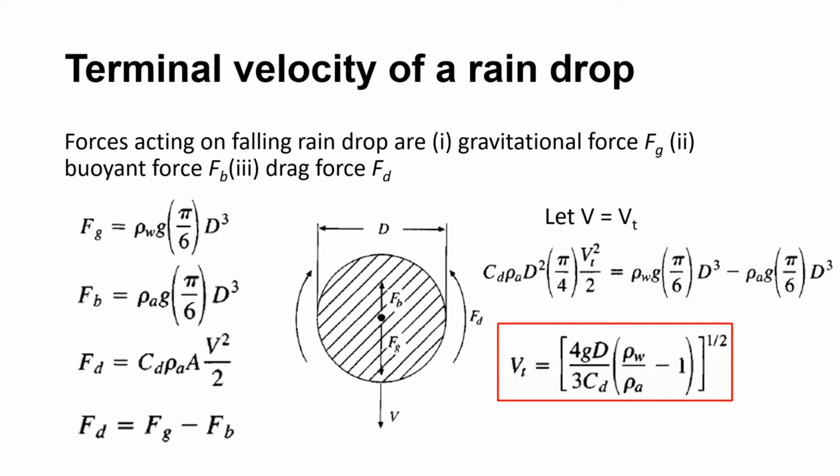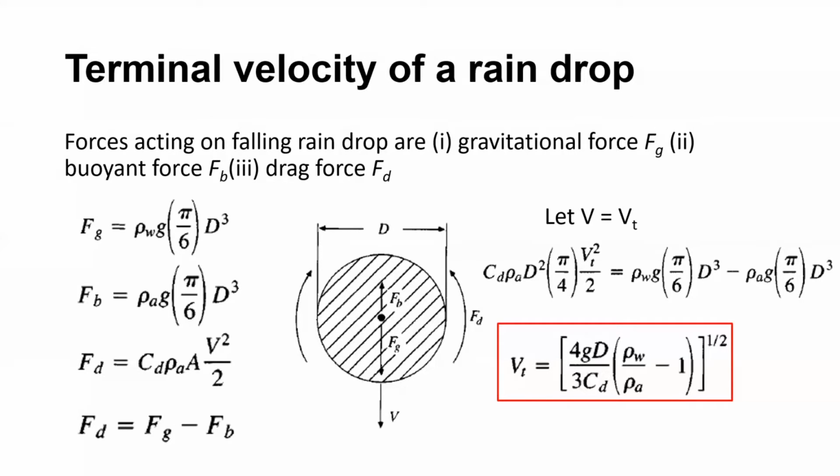The third force is the drag force. When the rain is falling down, there are frictional forces on the raindrop that resist the downward movement. This is called the drag force, and the drag force is proportional to the velocity squared.